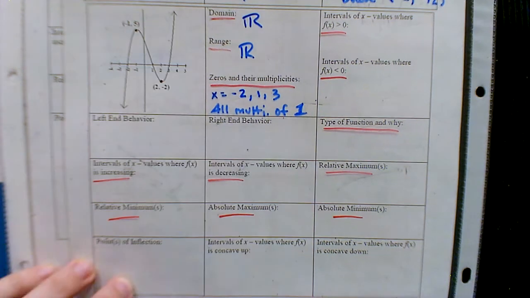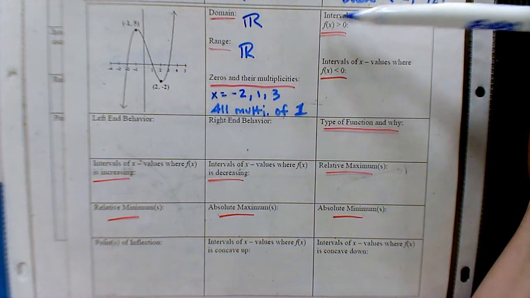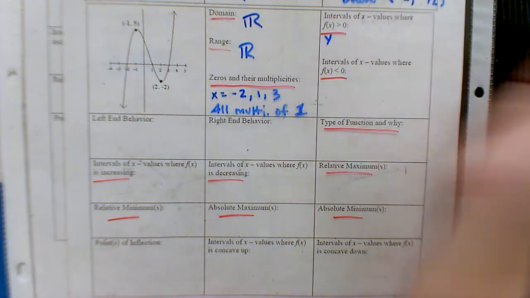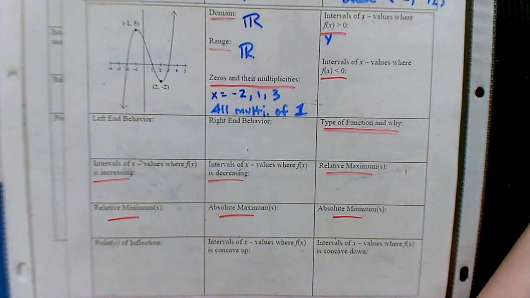Looks good. Alright. What about where f of x, meaning the graph, is greater than 0? AKA your y values are greater than 0.